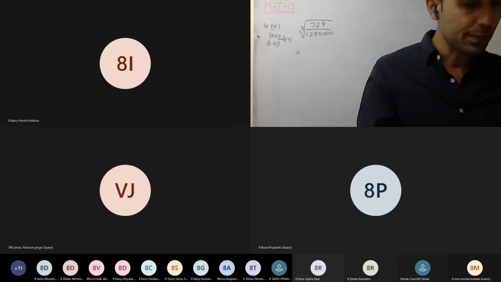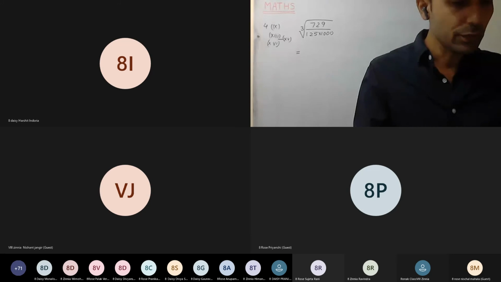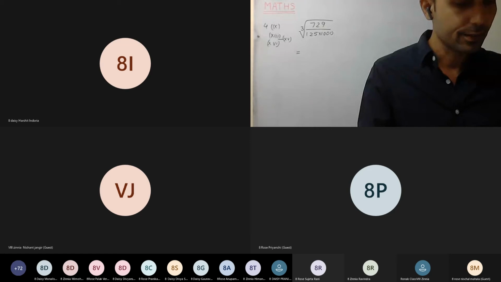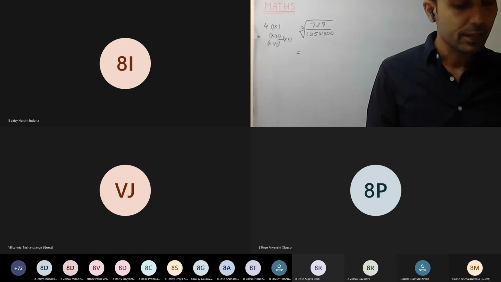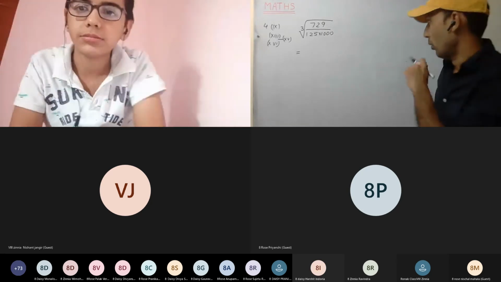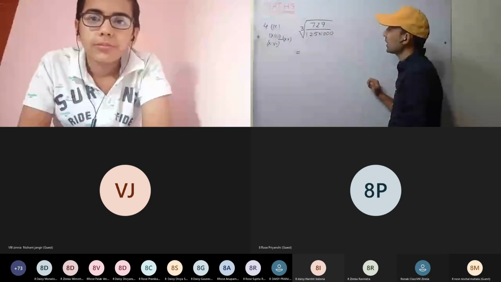This time a geometry chapter will be there. So see here, cubes and cube roots is there. Next we will be doing simple interest and compound interest, then factorization, linear equations, inequalities. Then in geometry, quadrilateral will be there this time. Then area.